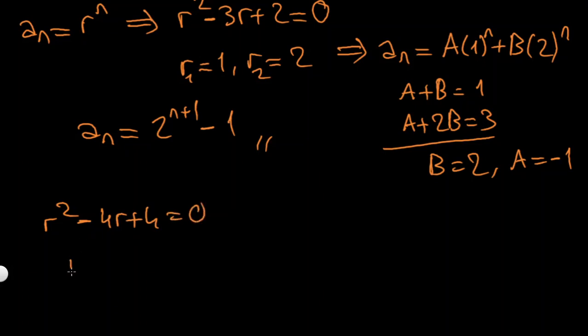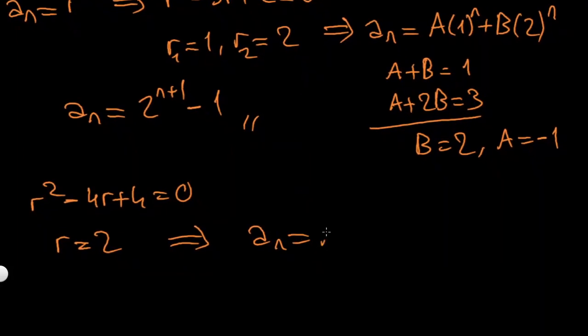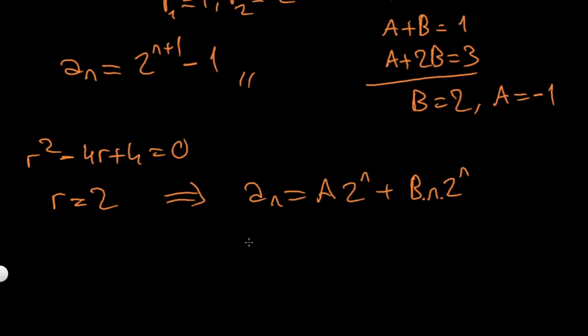And so I can say that r is equal to 2, but this is a double root. So I will have a(n) equal to a constant times 2 to the n, again just r to the n, and here instead of having b times 2 to the n, we will get b times another factor of n.